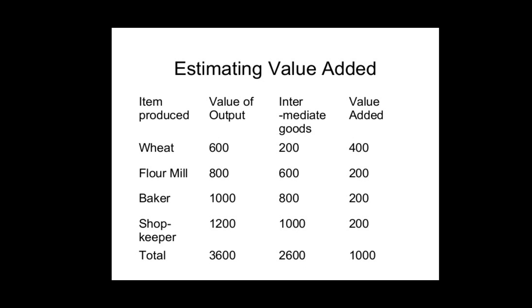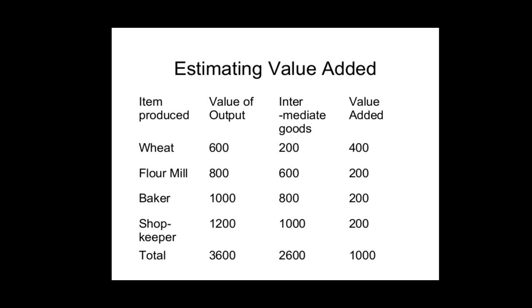In this table, it is assumed that the production of wheat involves the cost of intermediate consumption of rupees 200, such as the cost of seeds, the cost of fertilizers, etc. Accordingly, value added by the farmer is equal to the value of wheat, which is rupees 600, minus the value of intermediate consumption, that is the value of seeds or fertilizers, which is rupees 200.